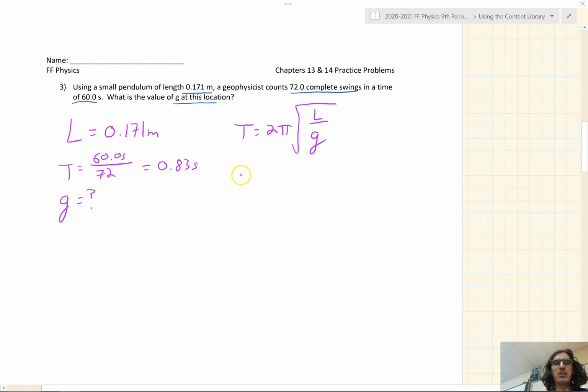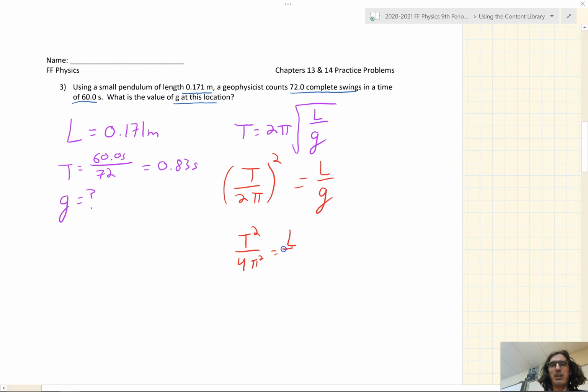Let's divide both sides by 2 pi first. Period over 2 pi. Why don't we square the square roots, which means we have to square everything, is equal to L over g. T squared over 4 pi squared equals L over g.